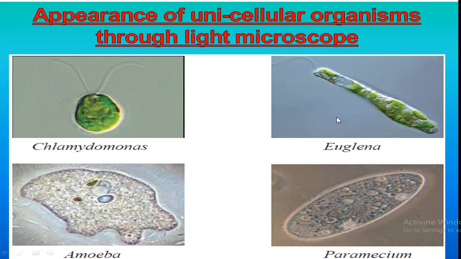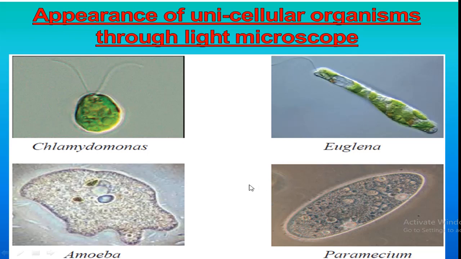Euglena is also a type of unicellular organism because it is also formed with a single cell. This picture represents the amoeba. Amoeba also belongs to a unicellular organism because it contains a single cell. This picture represents the paramecium. Paramecium also belongs to a unicellular organism, right?